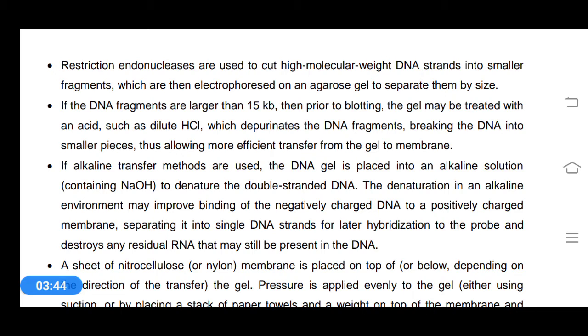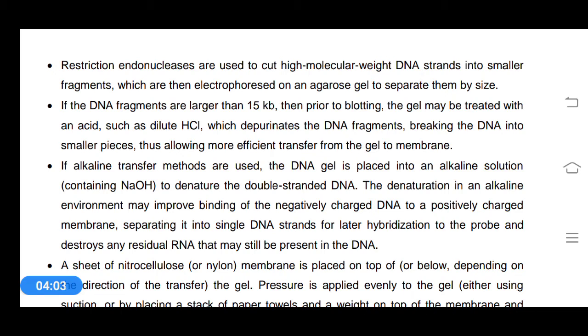The DNA is separated into single stranded DNA for later hybridization to the probe, and the treatment destroys any residual RNA that may still be present in the DNA.